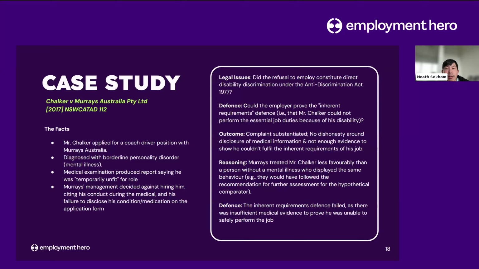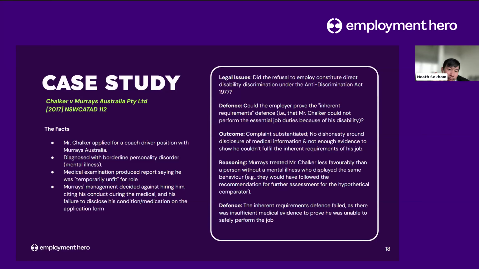The employer, Murray's, went on to withdraw the offer from him, citing his temporary lack of fitness, as well as an allegation of dishonesty on his part because he had marked no to a question on the application form asking if he suffered from a medical condition that might affect his duties.